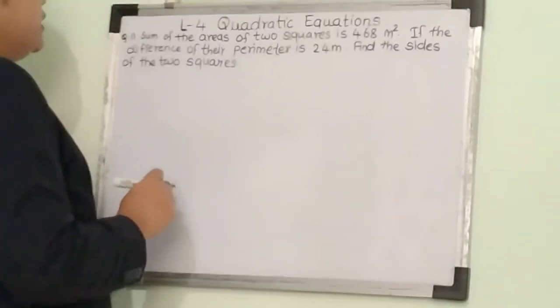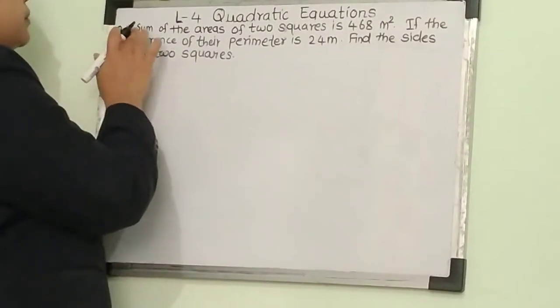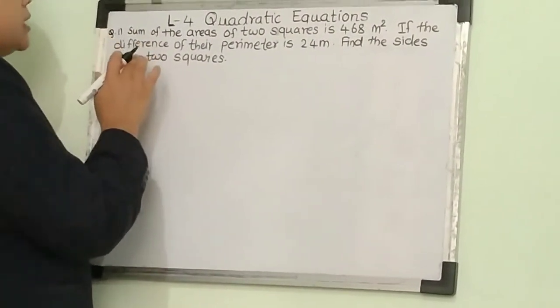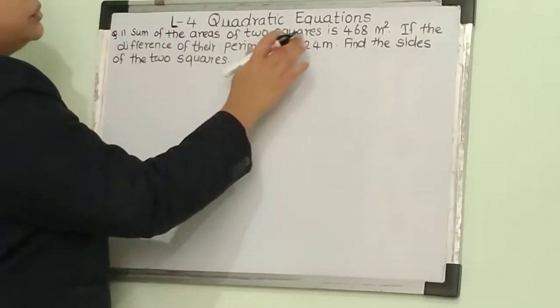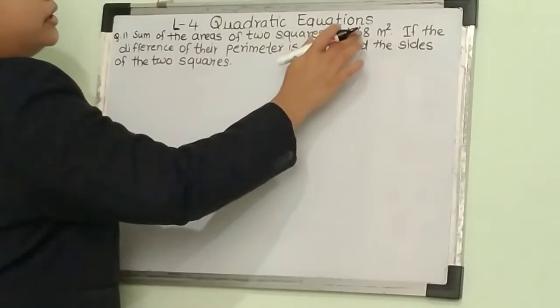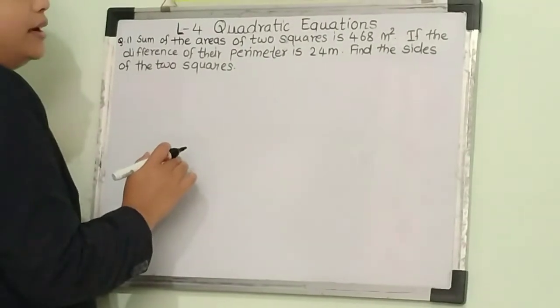Now see the next example, example number 11 from the same exercise. The sum of the areas of two squares is 468 meters square.